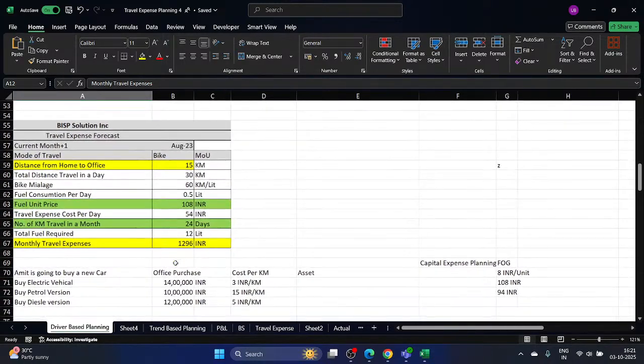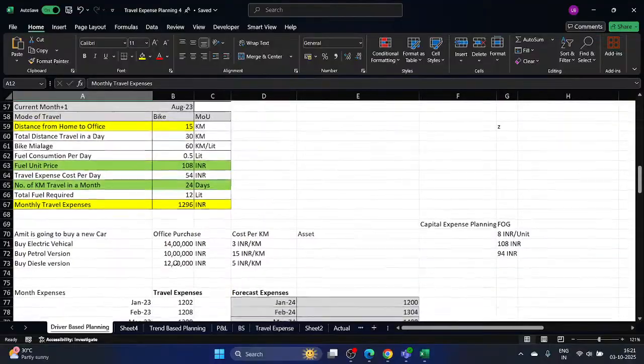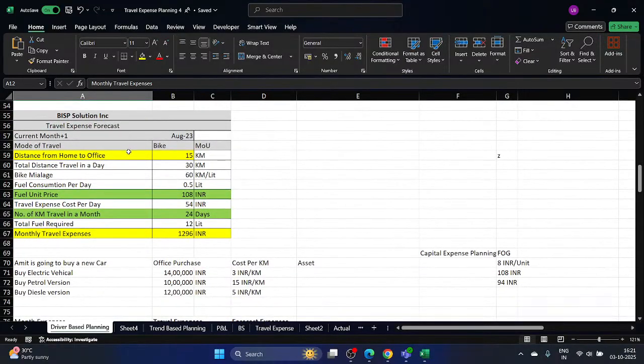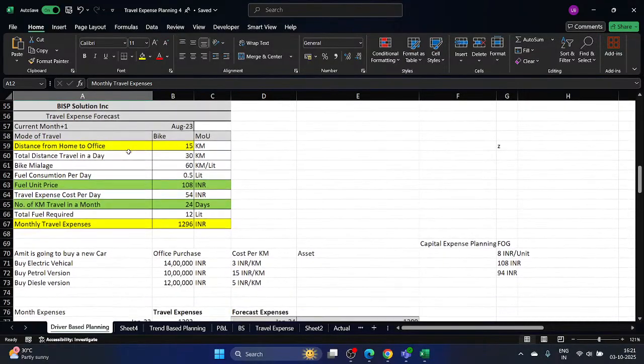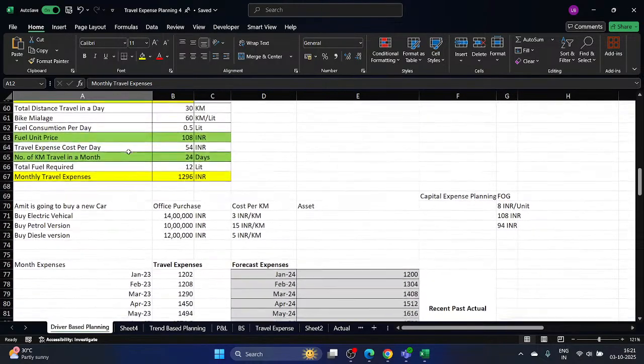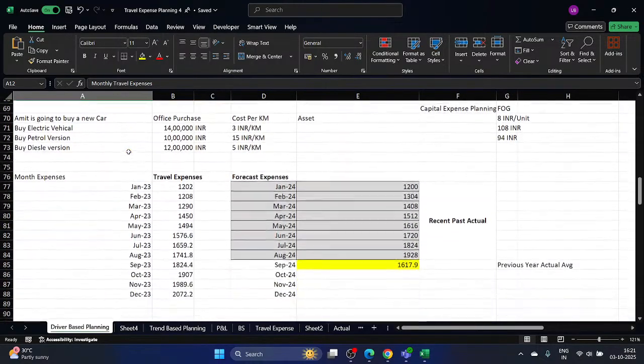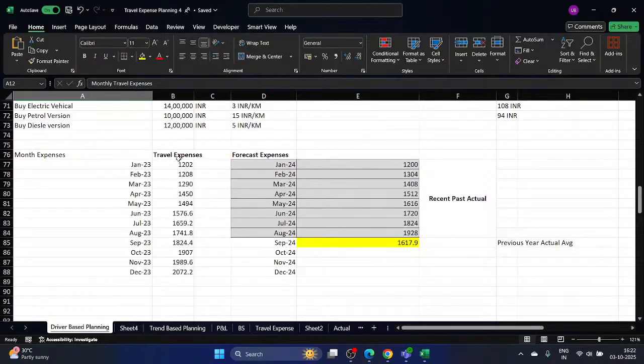Here we also have one example of the same thing, like the driver based calculation here, and the same thing for here. So the travel expense is a monthly expense. Suppose travel expense 1202 in this month.